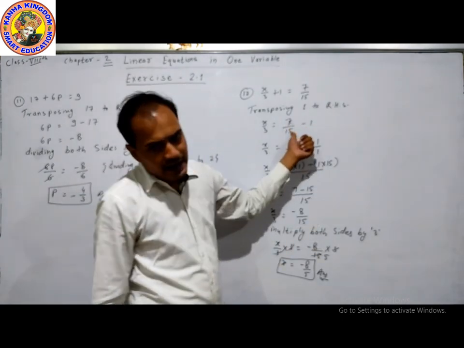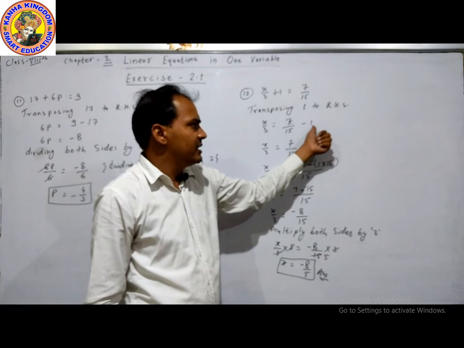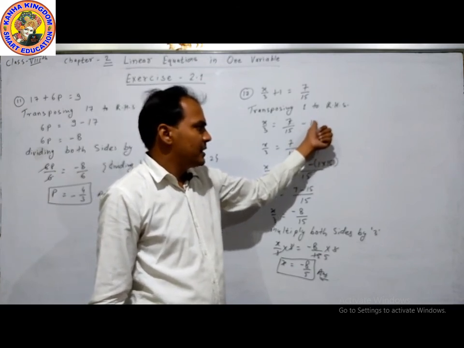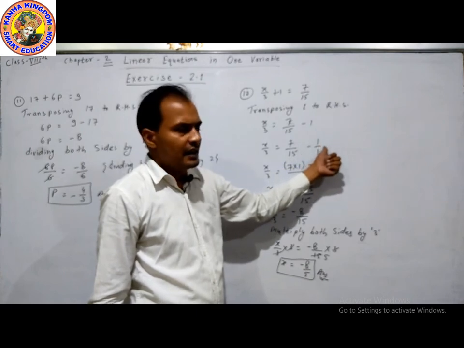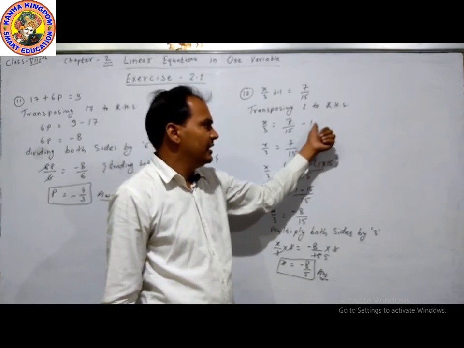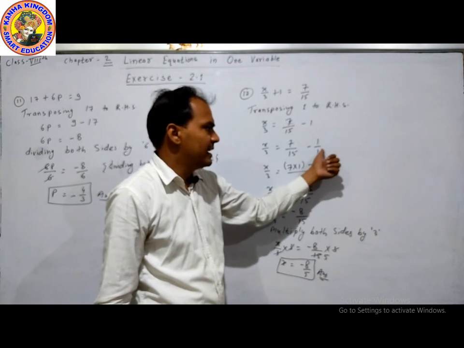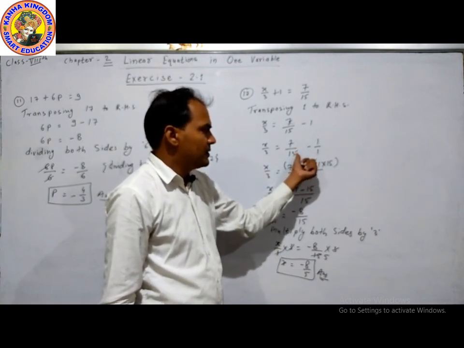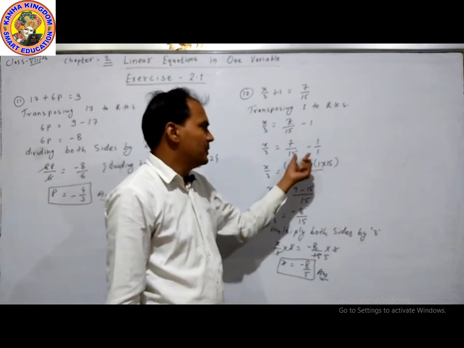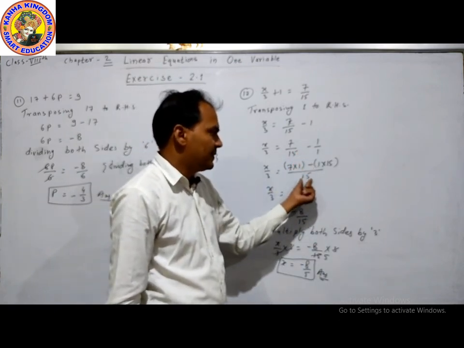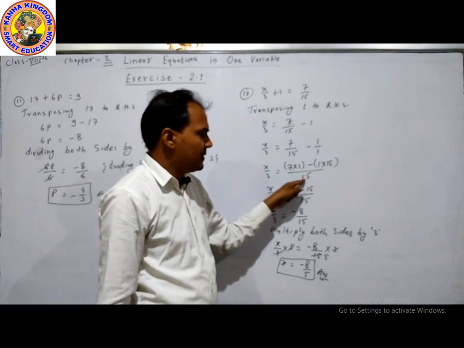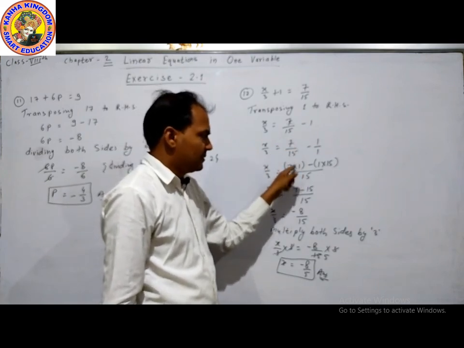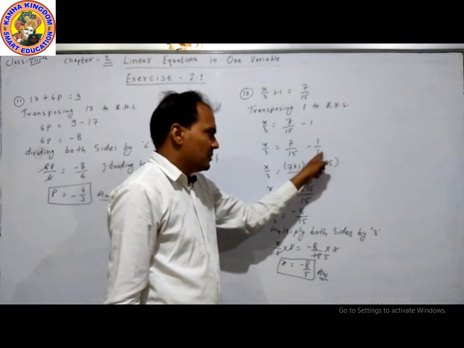This is a rational number and this is an integer. So we have to change the integer into a rational number by dividing by 1. Here, in the denominators, one value is 15 and one value is 1, so we take the LCM as 15. 15 divided by 15 is 1, and 1 multiplied by 7 is 7.